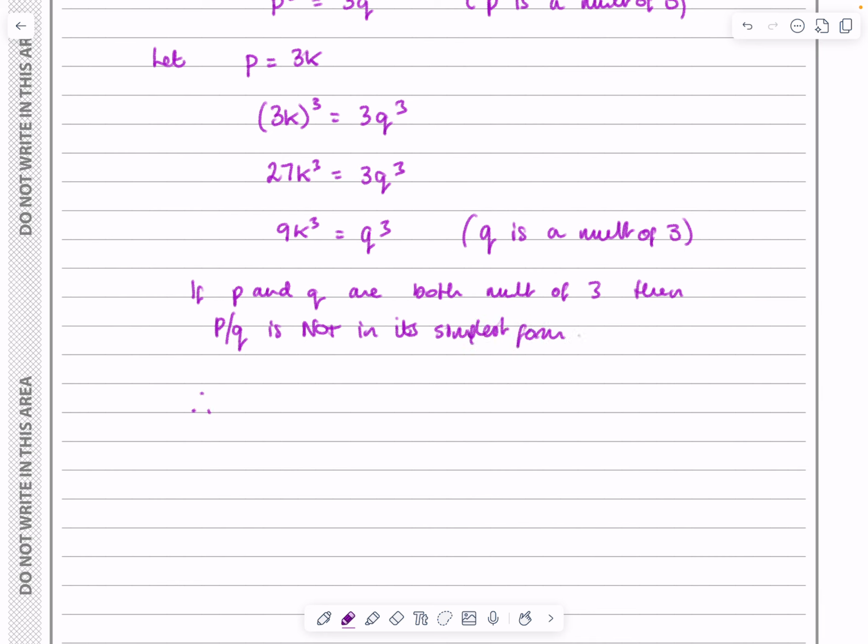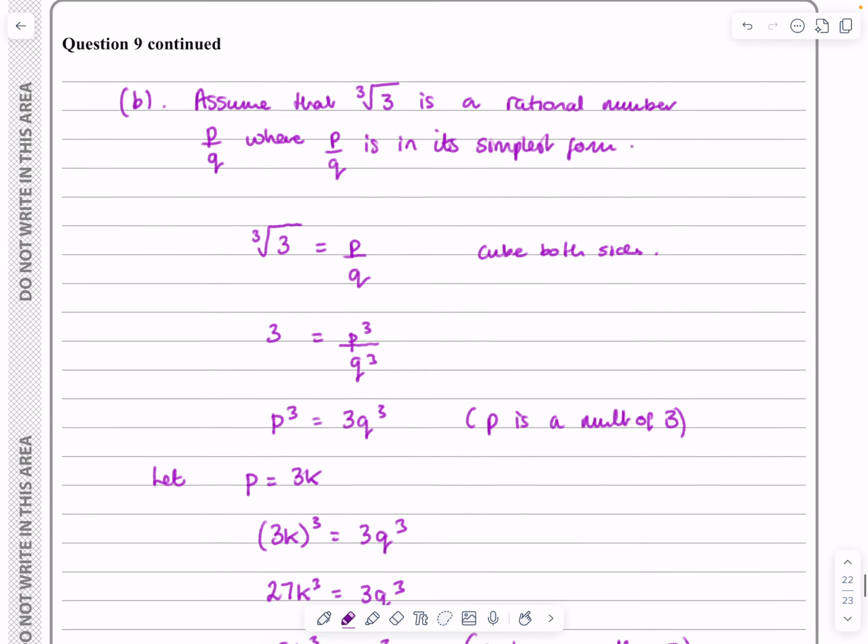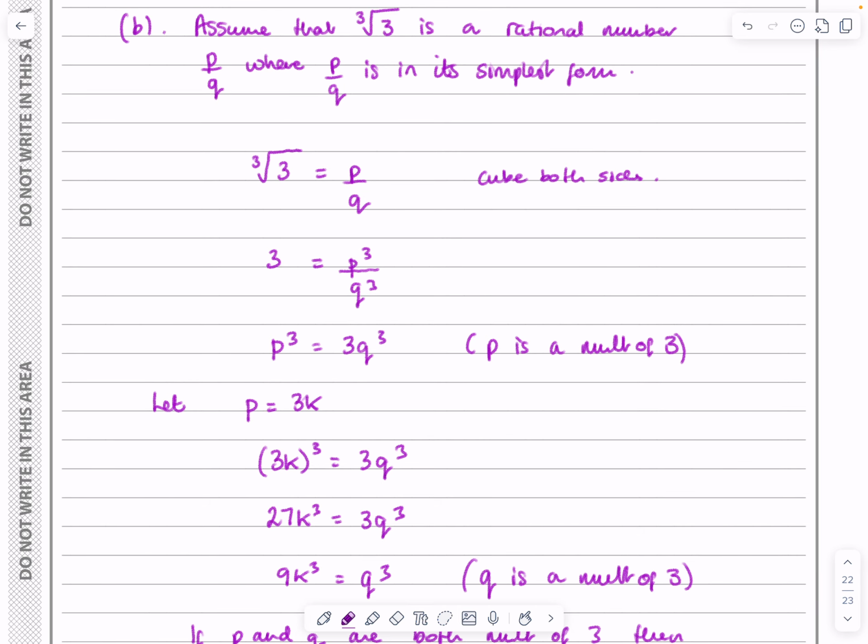Therefore, my assumption is false, which then means that my original statement is true. Therefore, the cube root of 3 is an irrational number. Handwriting's awful, I apologise. So that proof, if you've done the ones in the book, is a very, very similar method to doing it with the square root of 5, the square root of 2 and stuff like that.